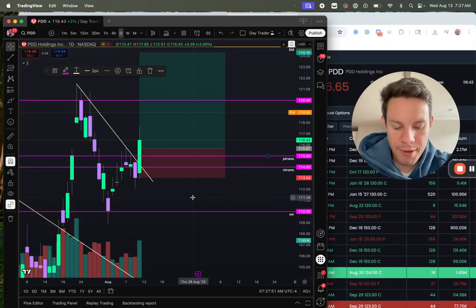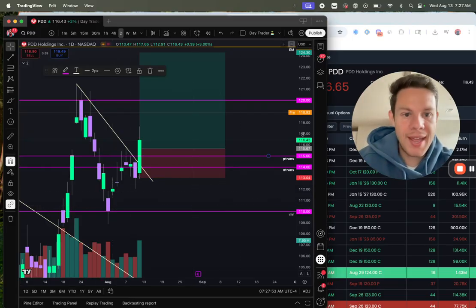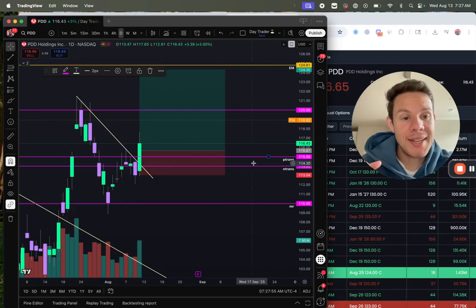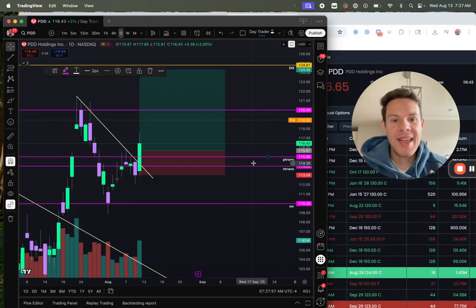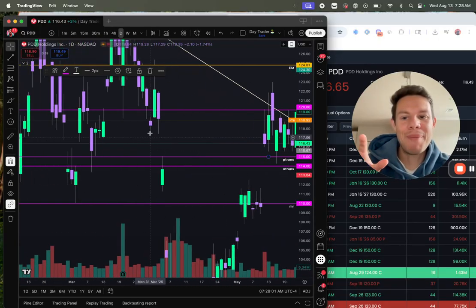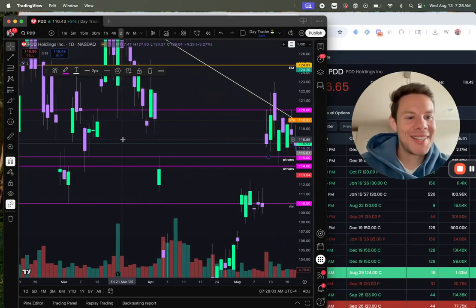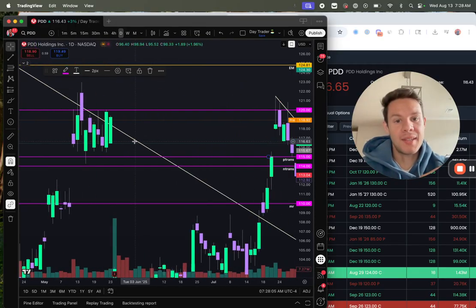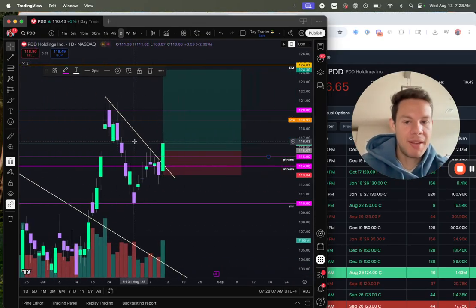The beautiful part about Gextron, besides being dynamic, is that it's always forward looking. It doesn't care about what happened here or here. It never looks to the left. It's always looking to the right, because that's where the money is being made in the market.